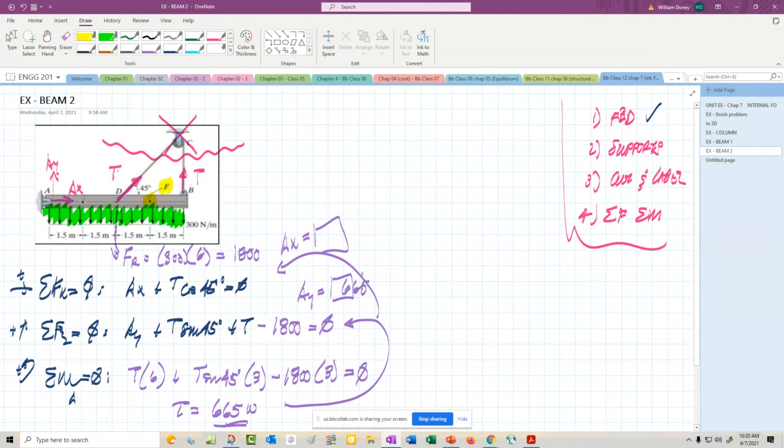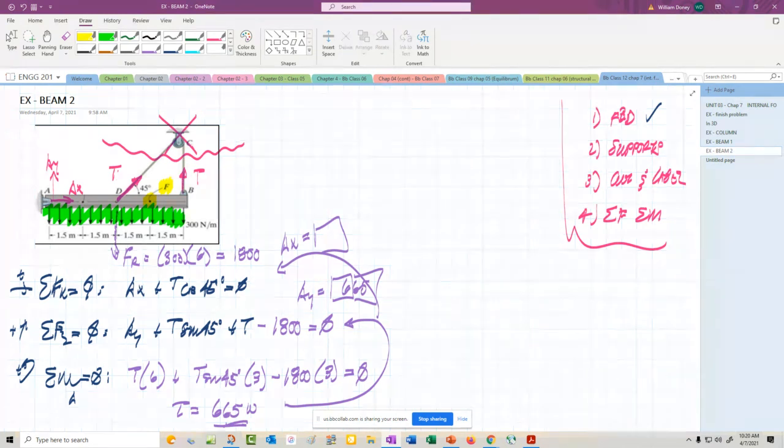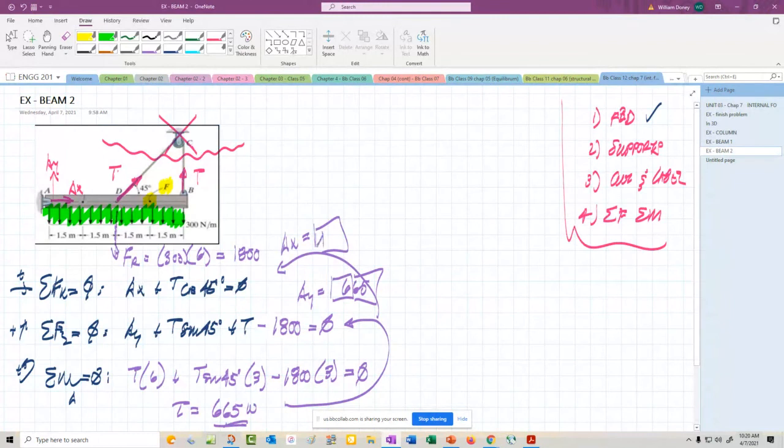I think that comes out to be 665 again. And then 665 times cosine 45 would have to be about 470.